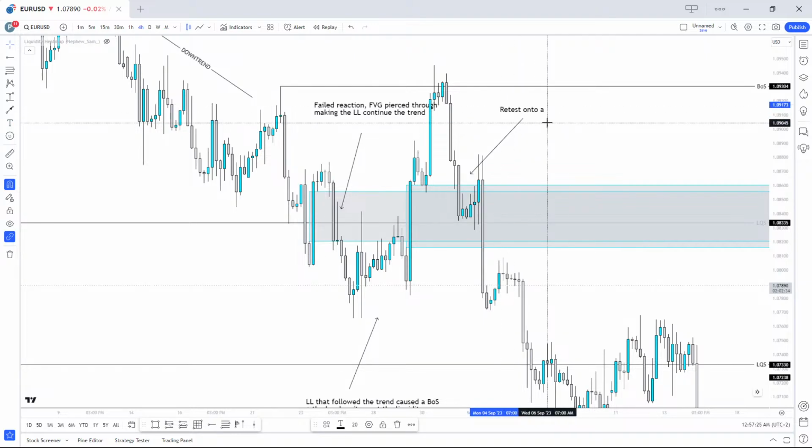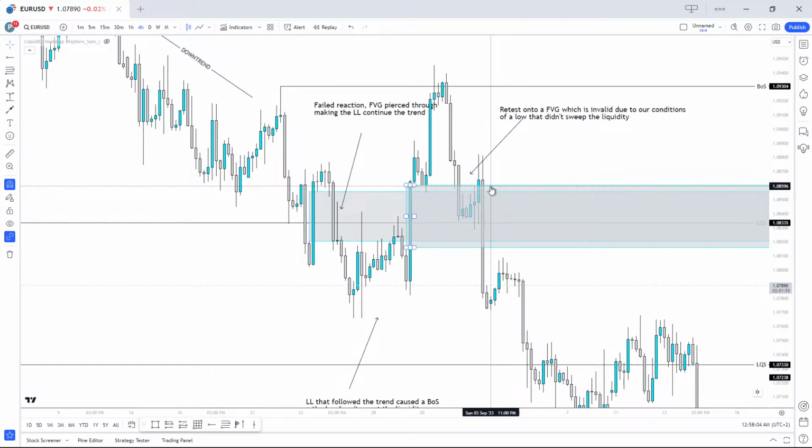Retest onto a fair value gap, which failed, of course, which is invalid due to our conditions. I'm taking out the take off of a low that didn't sweep the liquidity.